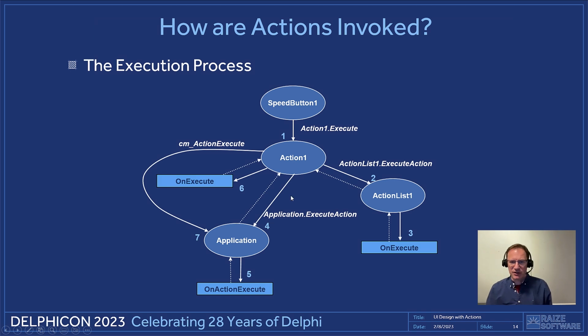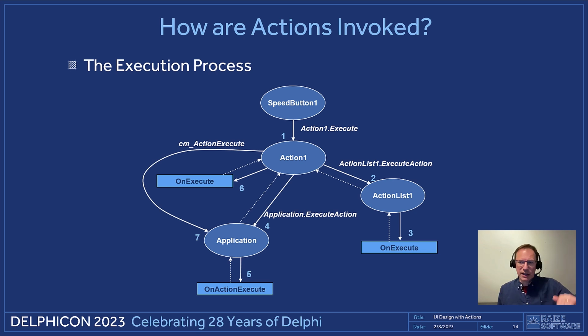The next step is that, interestingly enough, the action will call the application's execute action method. So the application itself can have an on action execute method or event handler. Again, same principle.